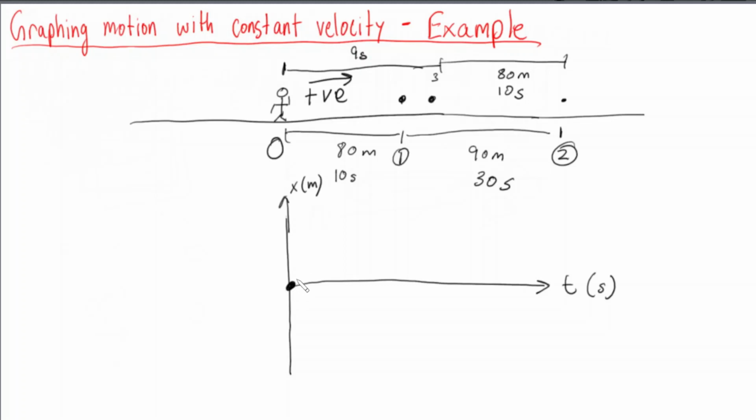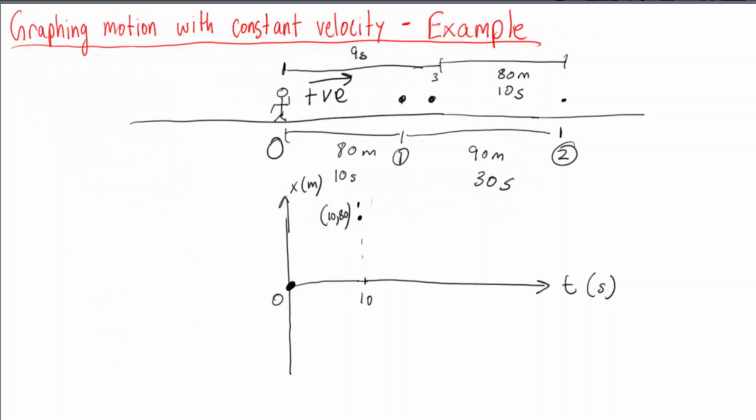And we also know that he's going to cover 80 meters in the first 10 seconds at a constant velocity. So we can mark that on our displacement time graph as 80 occurring at 10 seconds. This point here, which I'll call point 1, will be located at 10, 80 on the graph. And I might just take that to the other side in case we want to draw more points.